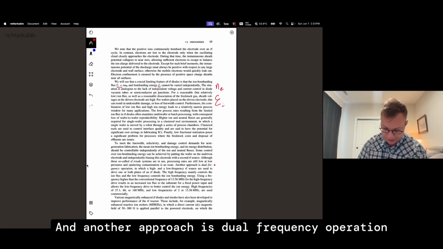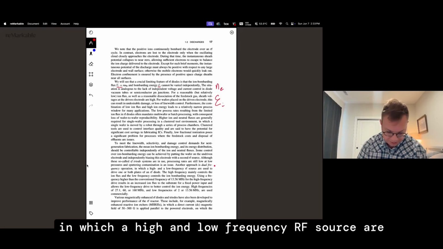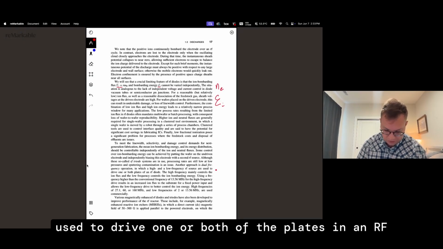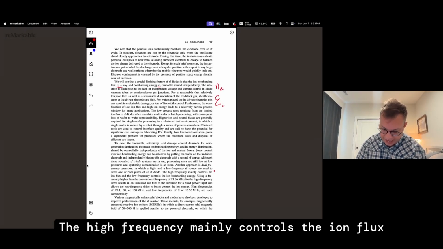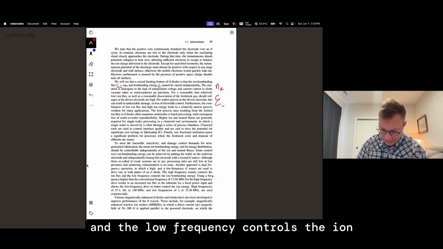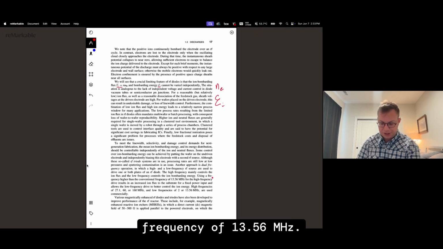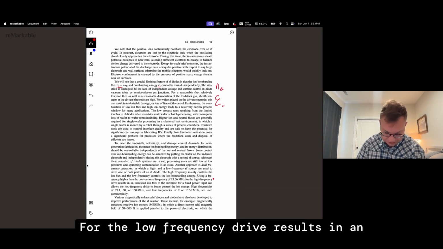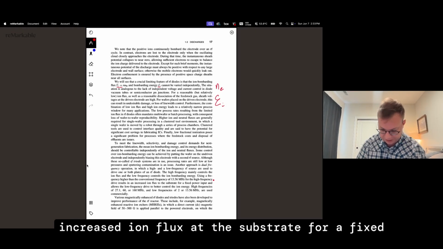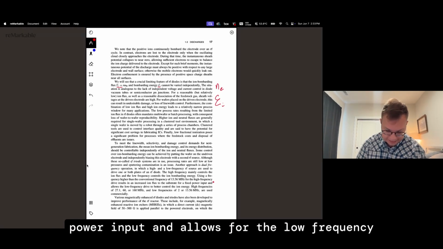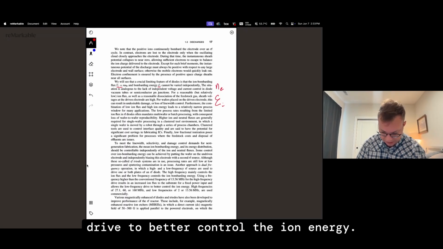Another approach is dual frequency operation, in which a high and low frequency RF source are used to drive one or both of the plates in an RF diode. The high frequency mainly controls the ion flux, and the low frequency controls the ion bombarding energy. Using a frequency higher than the conventional frequency of 13.56 MHz for the high frequency drive results in an increased ion flux at the substrate for a fixed power input and allows for the low frequency drive to better control the ion energy.